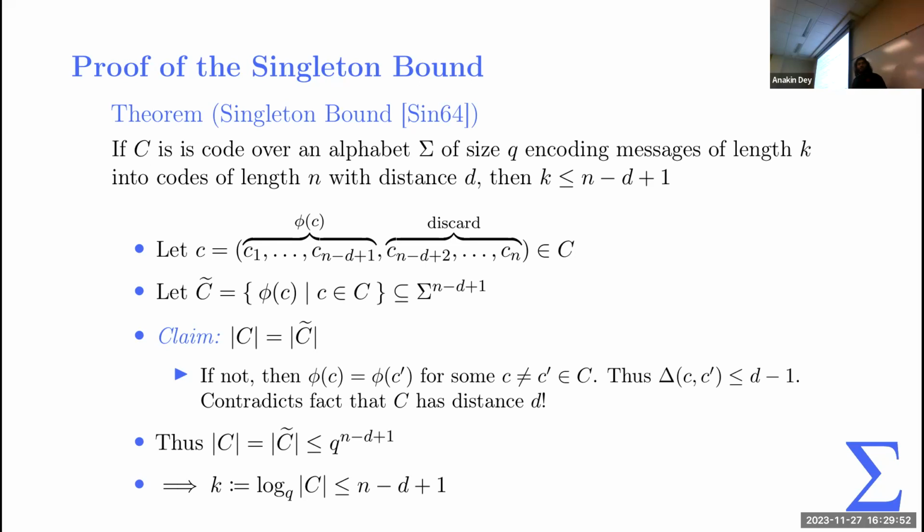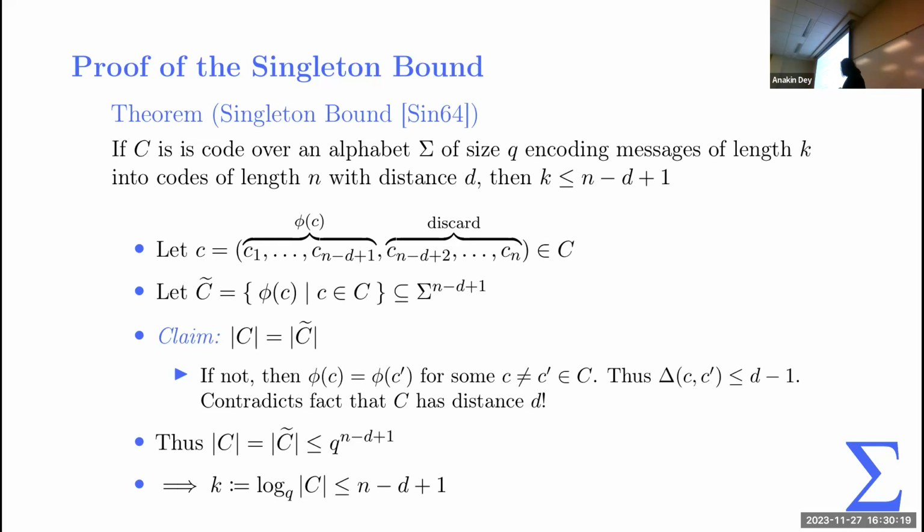What this tells us is that the size of C is equal to the size of C tilde, which is less than or equal to q to the n minus d plus 1, because it's a subset of the set of all words of length n minus d plus 1. If it's a subset, its size has to be less than or equal to that, right?